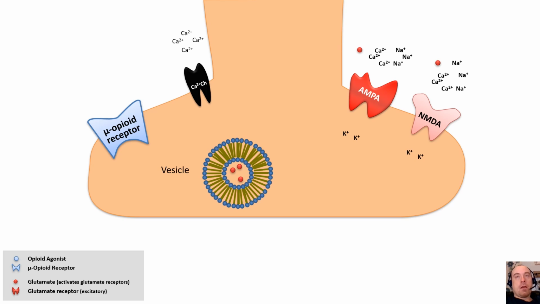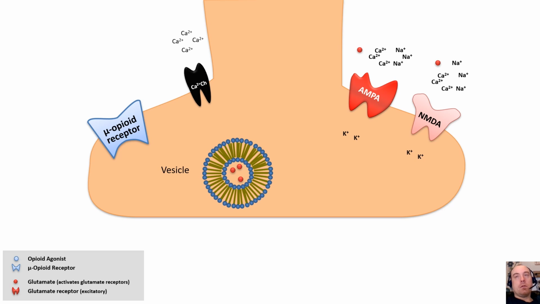But the whole idea is if the neuron is hyperpolarized, that means it's more negative with respect to the outside extracellular space. That negative potential prevents activation. It prevents neurotransmitter release, and that's what we want in this case. However, if we make it more positive, we activate neurotransmitter release. So we want to avoid that positive activity.